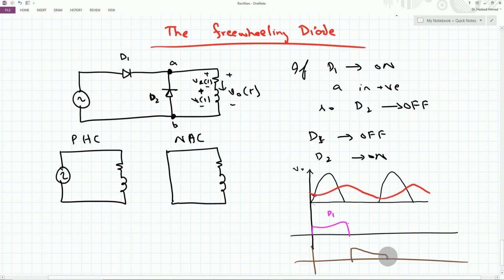This is the diode D2. For the currents ID2 and ID1, we can clearly see that they share the burden from 0 to pi, and then D2 takes over and allows the current to flow freely through itself for the duration from pi to 2 pi.